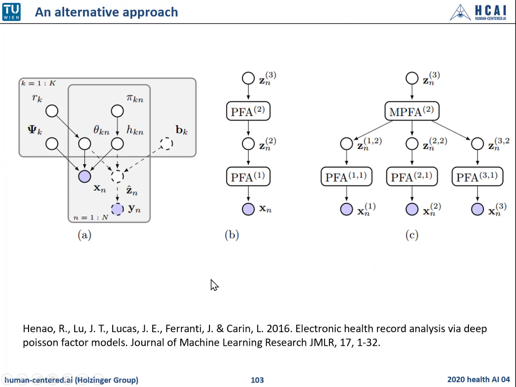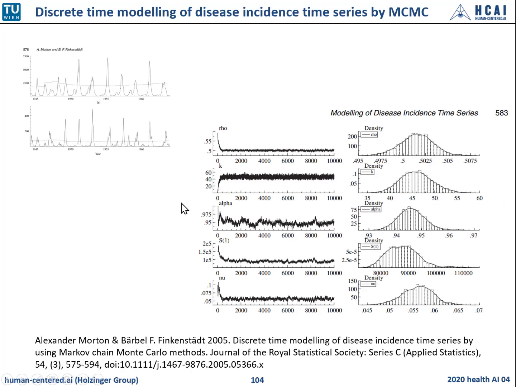An alternative approach, this is also a good example for graphical models and deep multi-task learning. So here, for example, discrete time modeling of disease incidence with MCMC. A good general example for the usefulness of both MCMC and Metropolis Hastings is the modeling of measles, measles, not corona, measles.